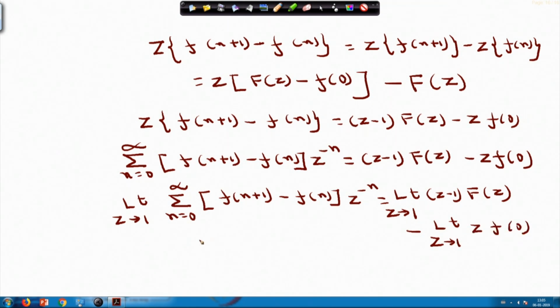So, basically we are taking z approaches 1 on both sides.